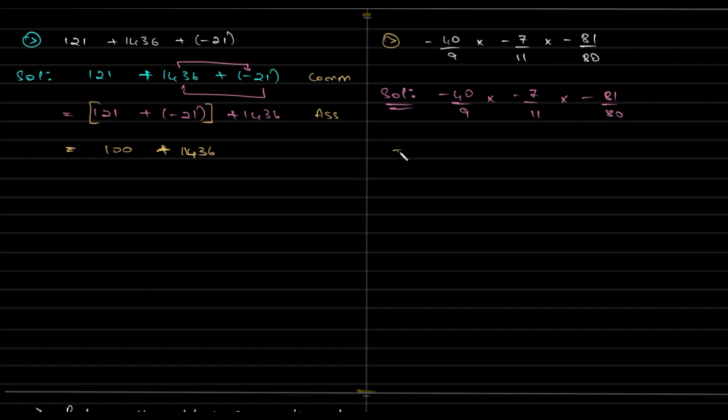You have to decide on the sign. So negative into negative into negative is negative, 1 into 40 by 9 into 7 by 11 into 81 by 80. So next step is I'll use commutative.